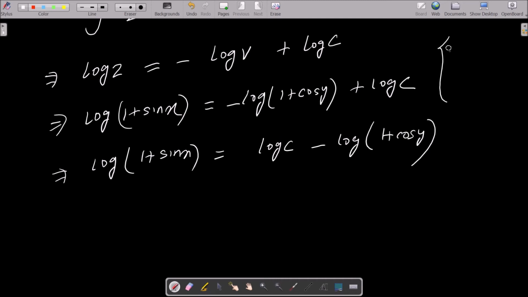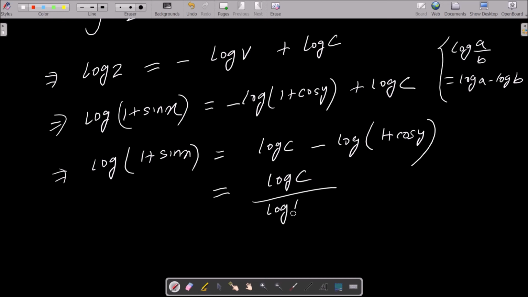Here I made a little mistake, so log should be in one place only. We have the formula log a by b equals log a minus log b.